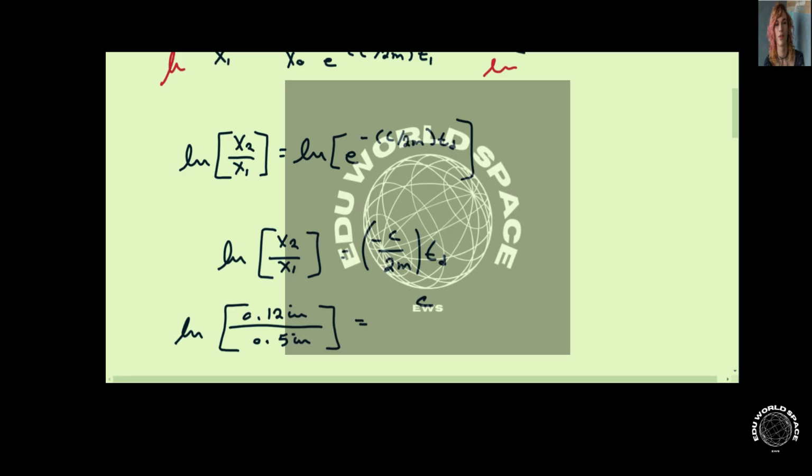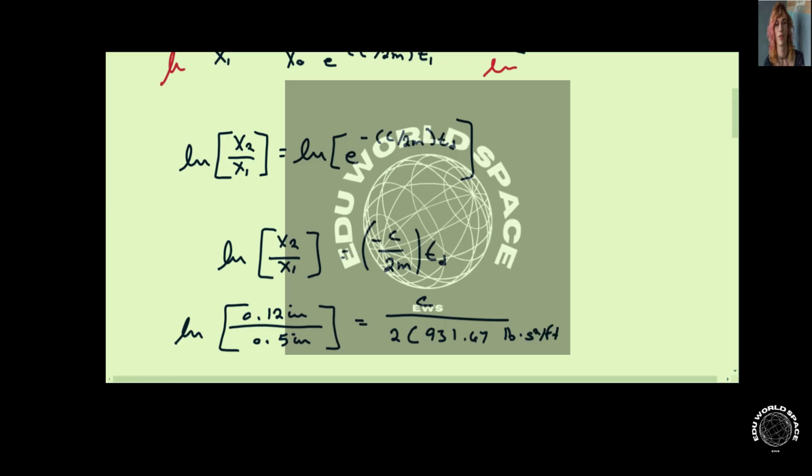So we have 0.12 inches here, and 0.5 inches here, equals c divided by 2 times 931.67 pounds times seconds squared per foot.